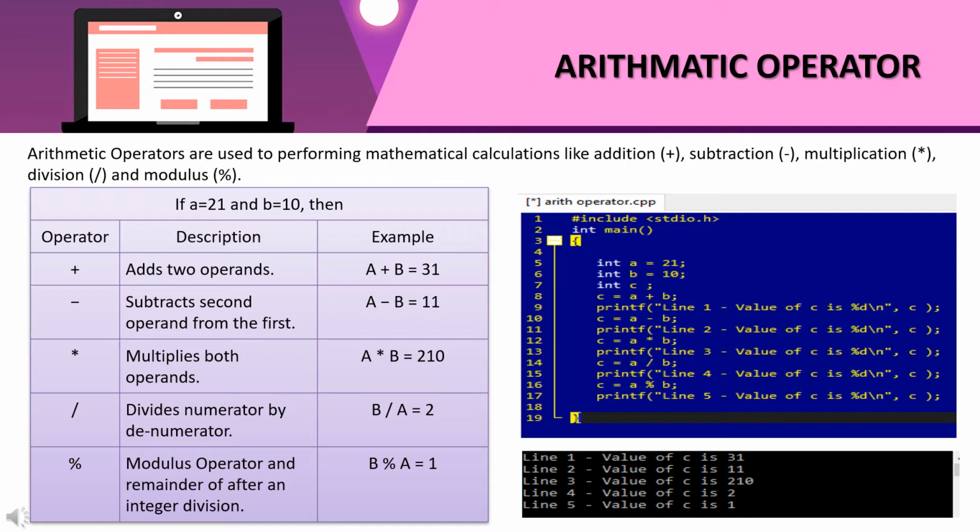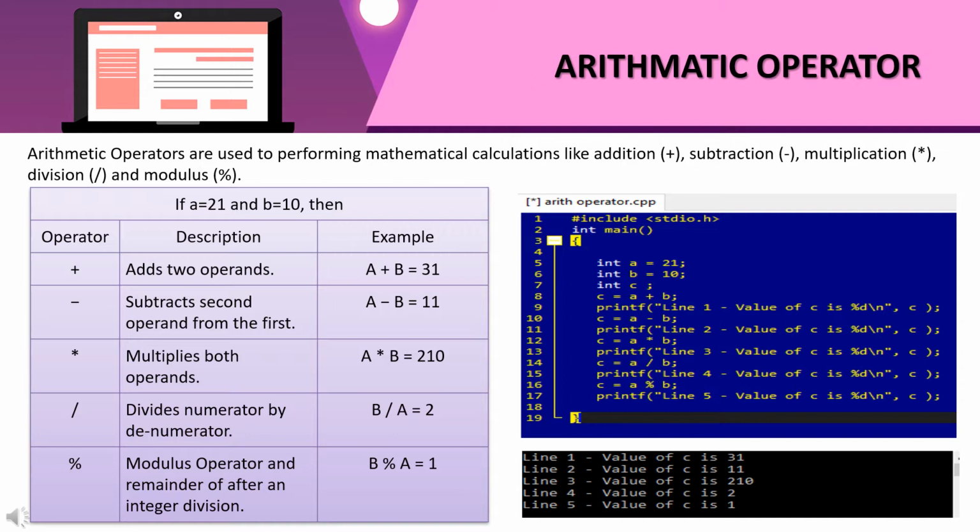Next, the division operator. It divides the numerator by the denominator. So a divided by b equals 2. Next comes the modulus operator. The modulus operator gives the remainder after an integer division. So the result will be 1.